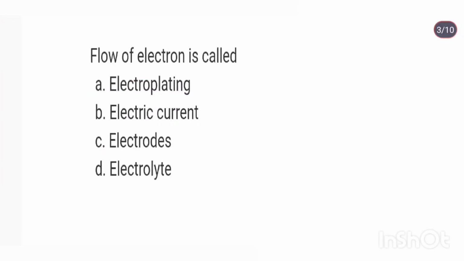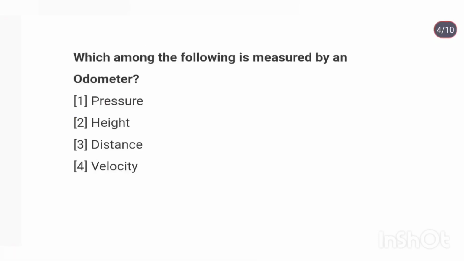Flow of electron is called electric current. Which among the following is measured by an odometer? Distance. An odometer is a device for measuring the distance traveled by a vehicle.